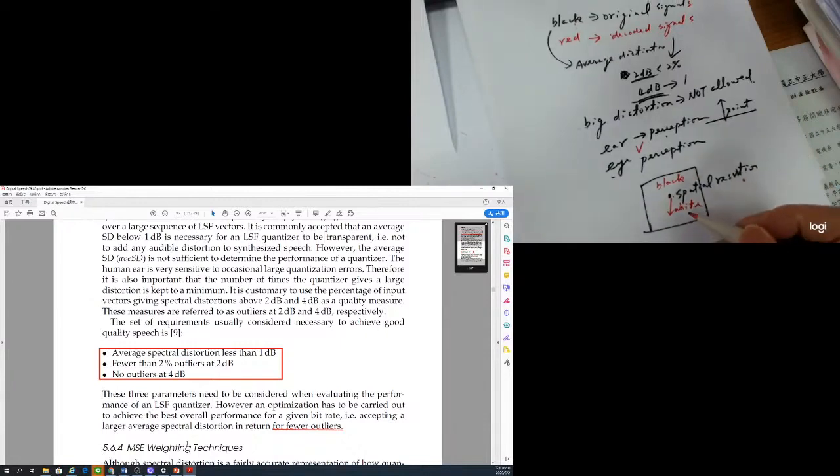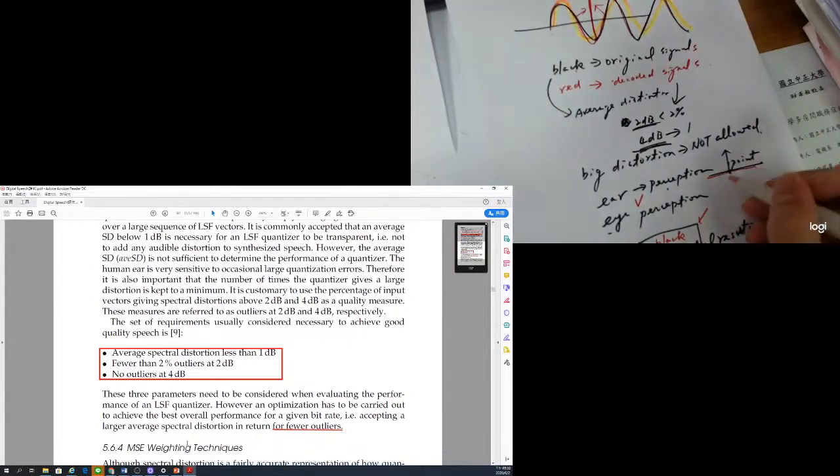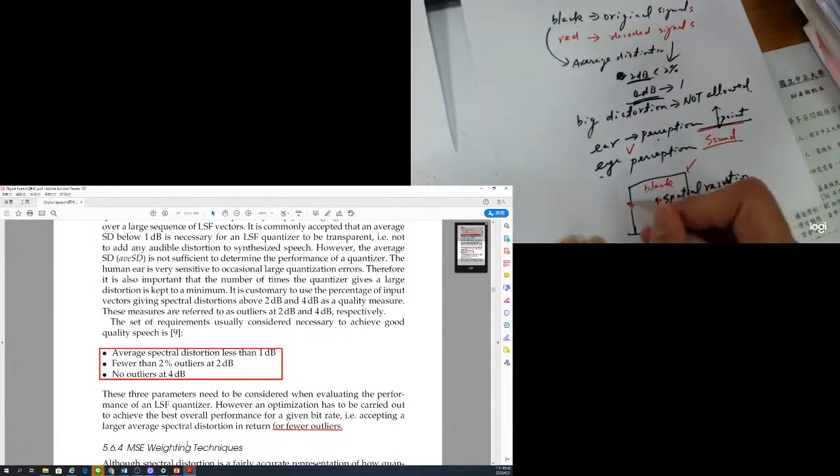If you stand far away from the picture, you cannot catch that white point. But if you hear a speech signal, you can catch the sound pressure if there is a big difference. You will catch that point. So from the eye, you need a larger contrast difference.